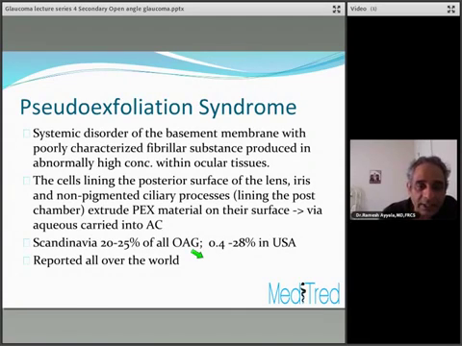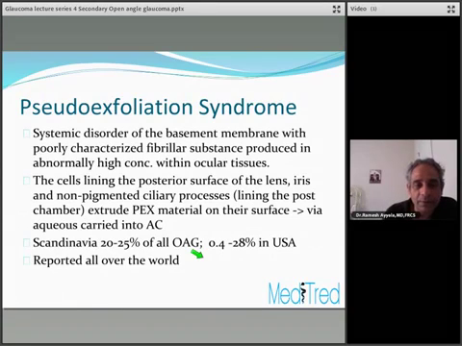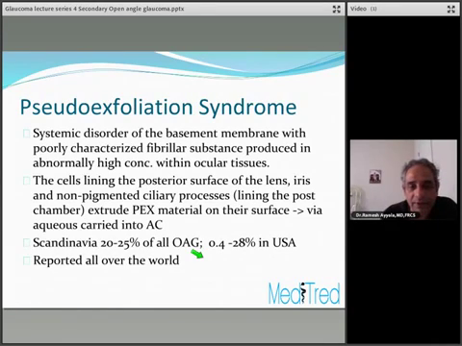The cells lining the posterior surface of the lens, iris, and non-pigmented ciliary processes, now all these three structures are lining the posterior chamber, extrude PEX material or pseudo-exfoliative material on their surface, which is then carried by the aqueous into the anterior chamber, from the anterior chamber into the trabecular meshwork, and causes obstruction to the outflow pathway, leading to elevated intraocular pressure.